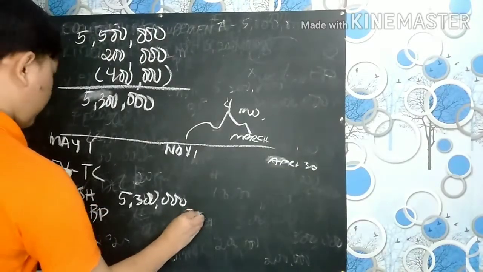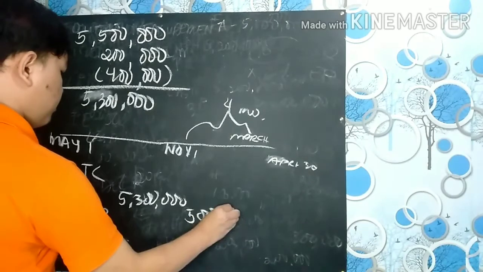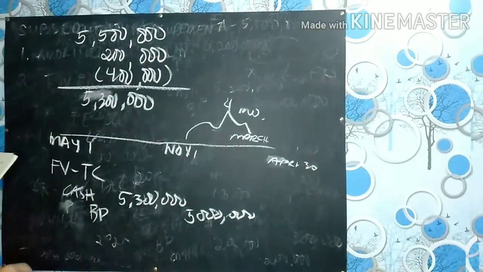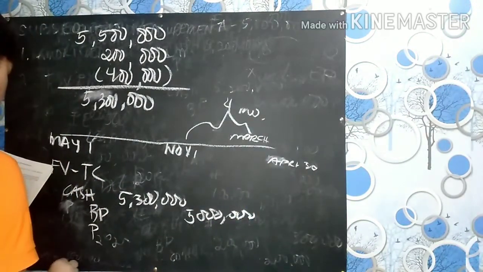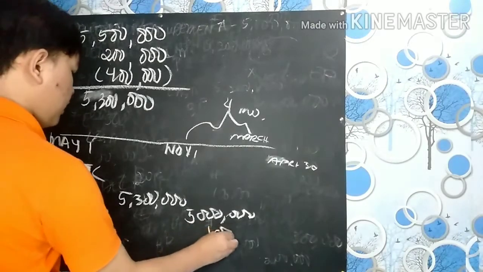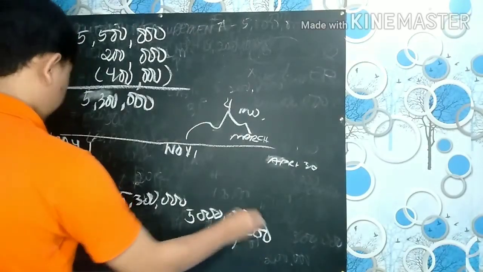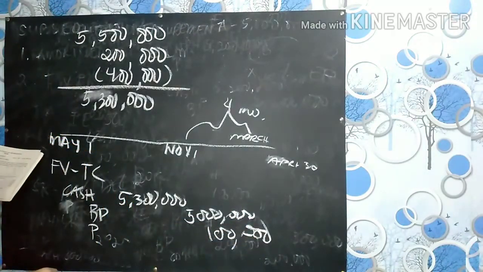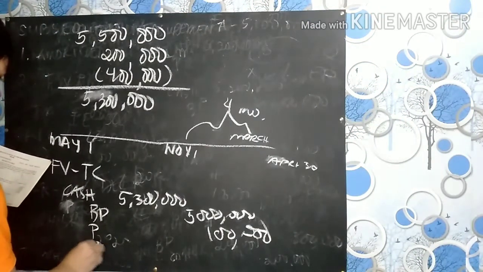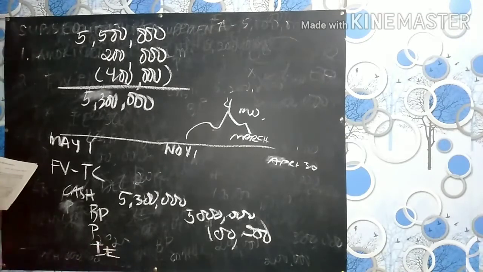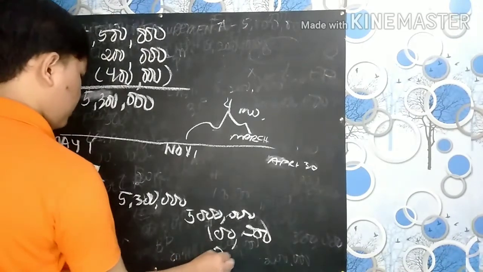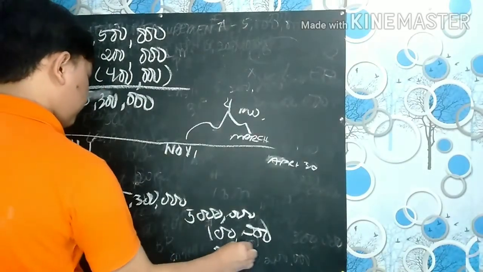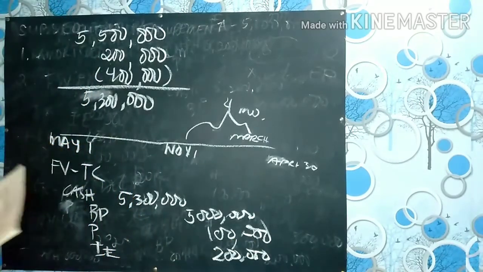How much? 5 million. Credit tayo ng premium on bonds payable na 100,000. And ano pa? Credit tayo ng interest expense. How much? 200,000. So, ganyan po siya.